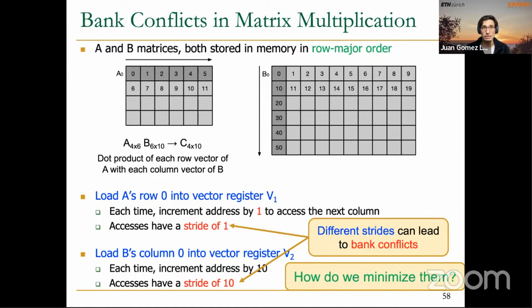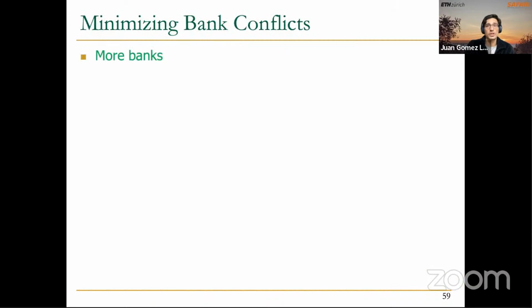So that's essentially a bank conflict, but that's something that, in principle, we cannot avoid if we go just with the most straightforward mapping.